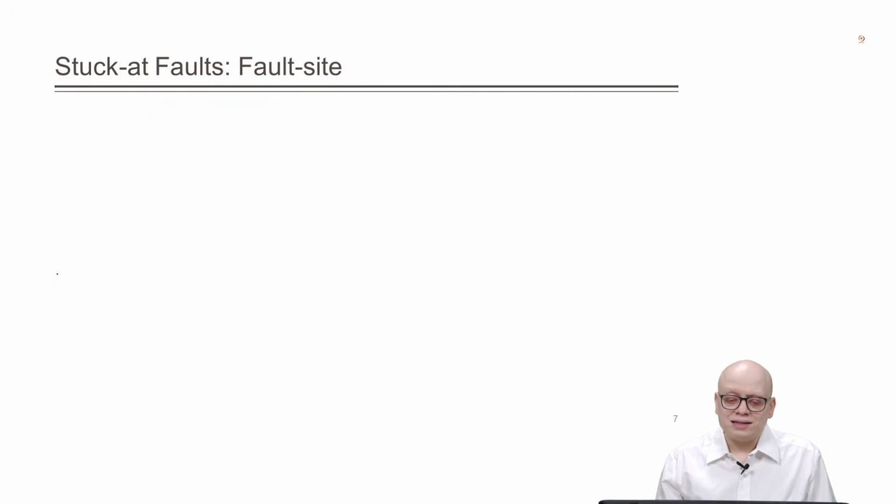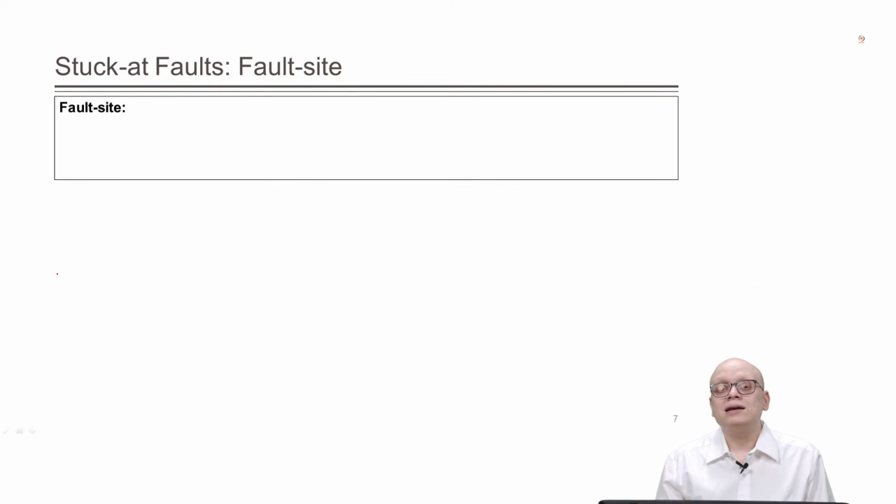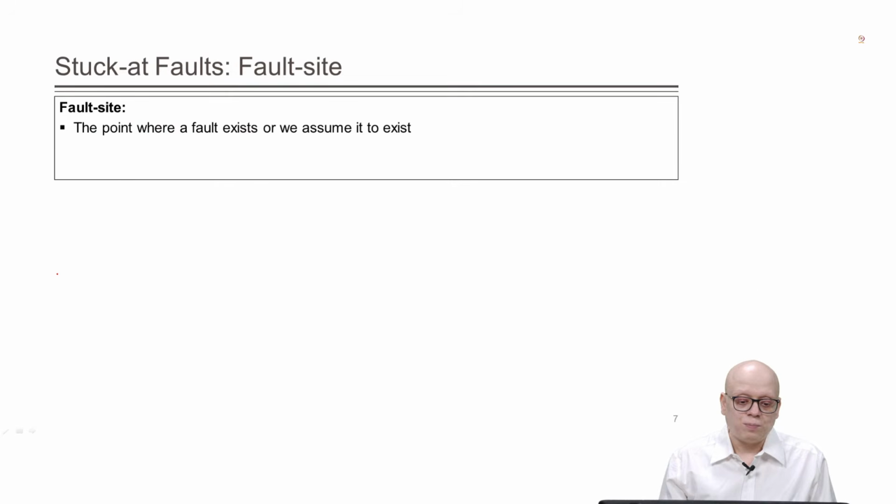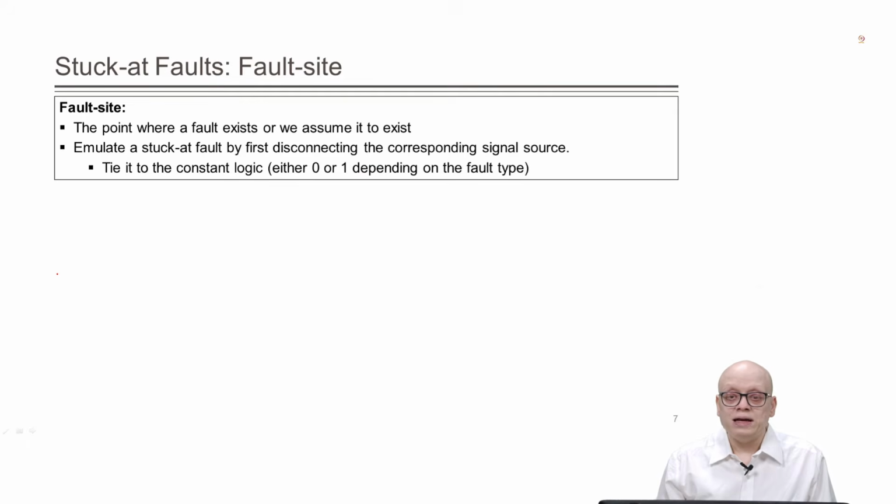Now, let us understand where faults can occur in our circuit and what fault sites are. The point where a fault can exist, or we assume it to exist, is known as a fault site. Now, how do we emulate a stuck-at fault in a circuit?